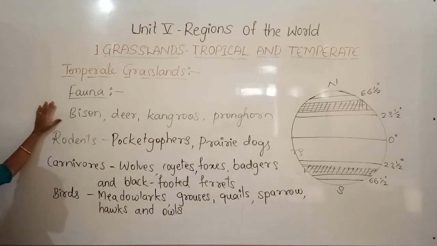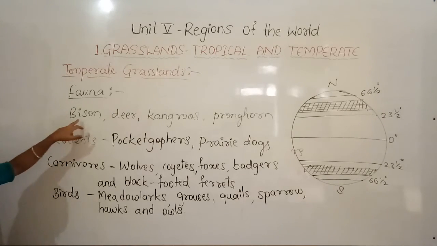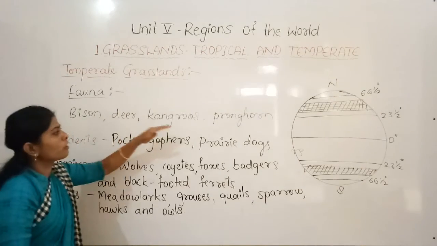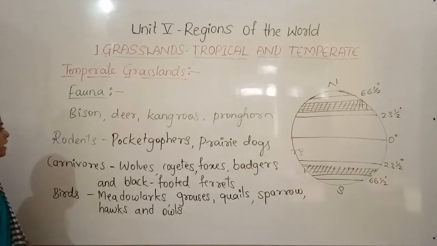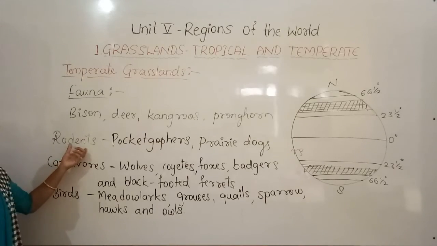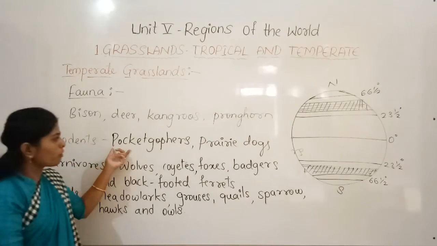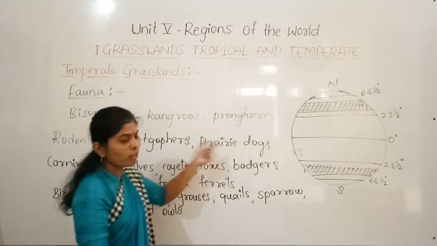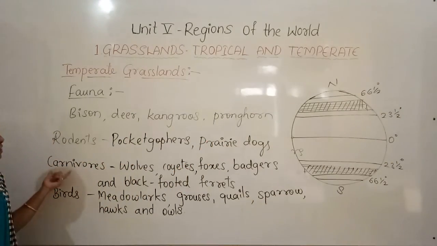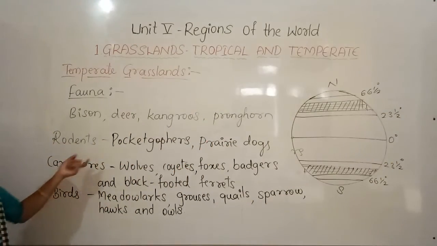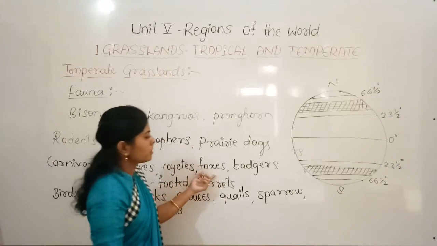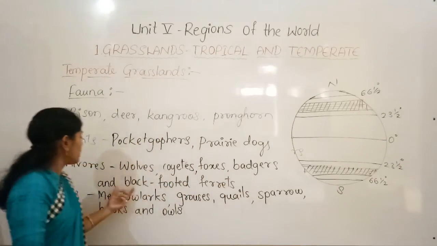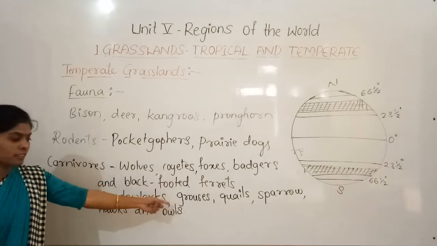So here some grazing animals we can see: the bison, deer, kangaroos and pronghorns, and many others. Some rodents we can find here are the pocket gophers and the prairie dogs. Some carnivorous animals are the wolves, coyotes, foxes, badgers and black-footed ferrets.